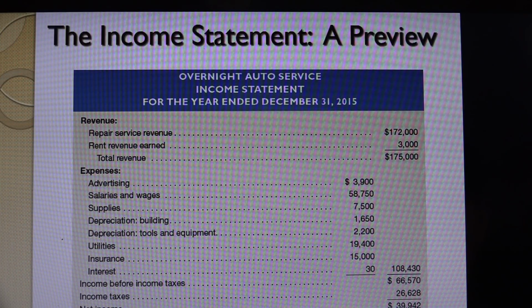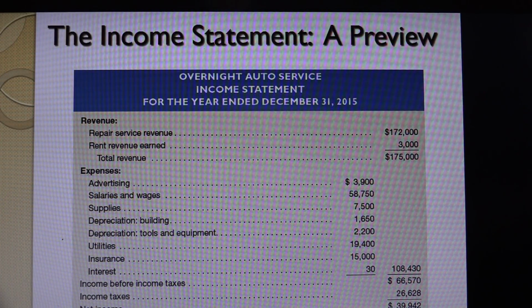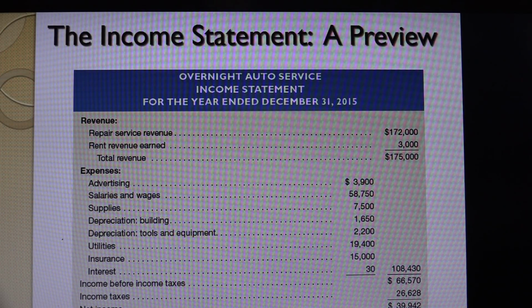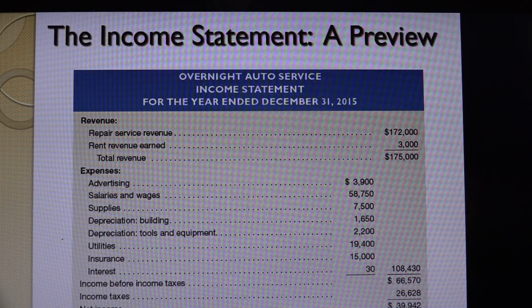But at the end of a period of time, you're going to prepare as one of your financial statements, and it's the first financial statement that you prepare, the income statement. And so the income statement summarizes the profitability of a business for a specified period of time.